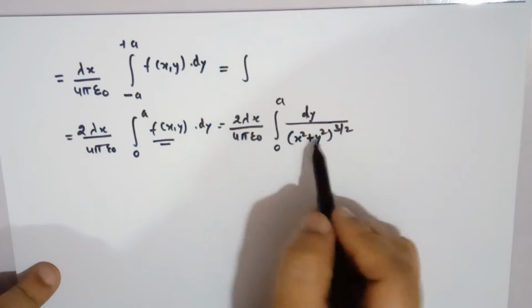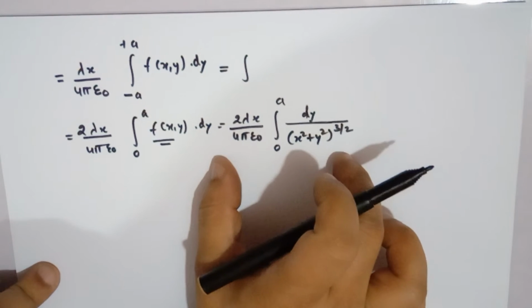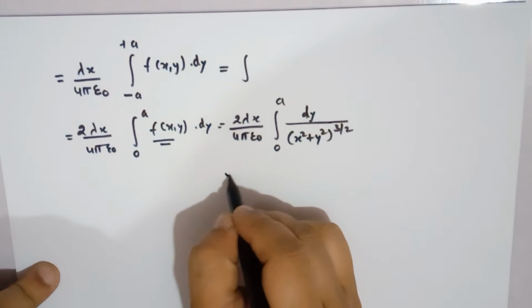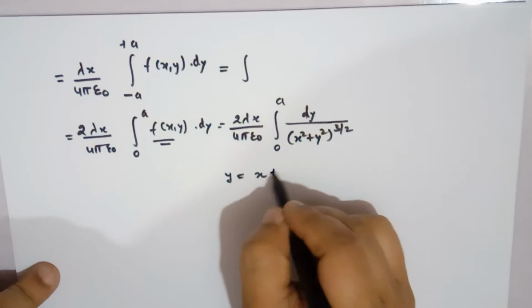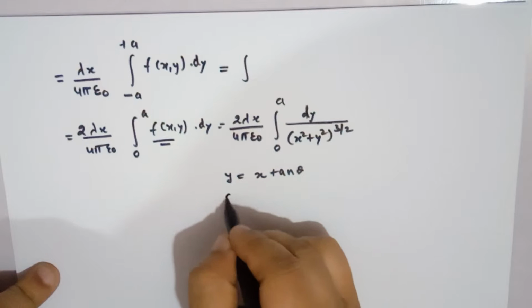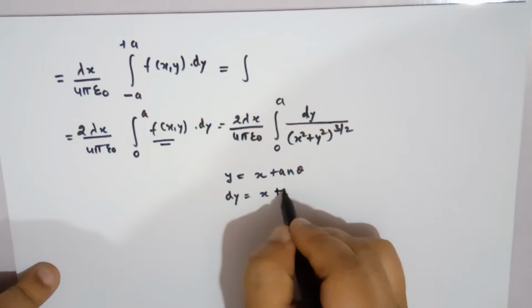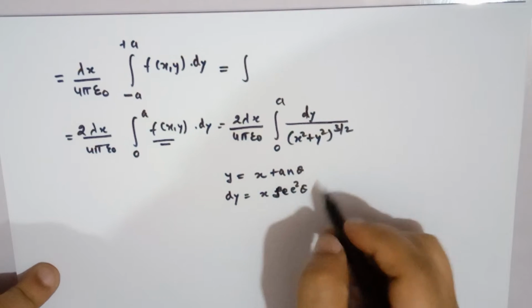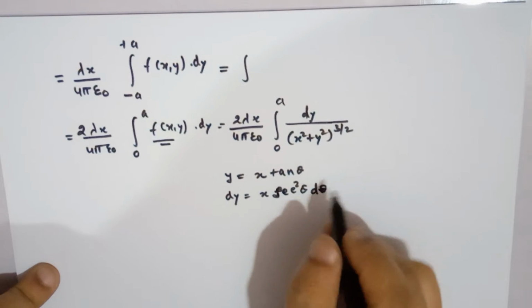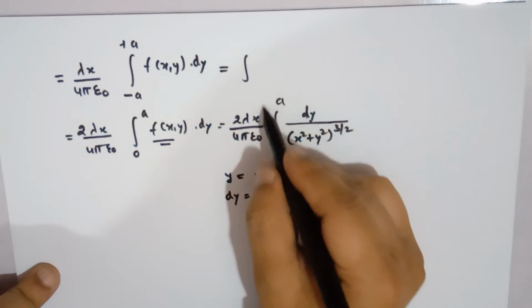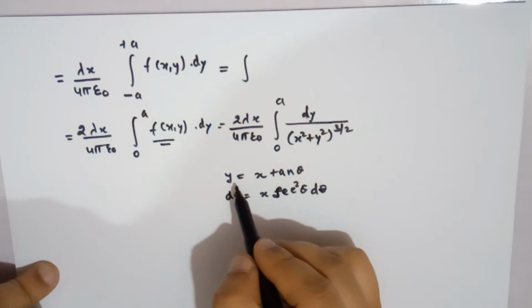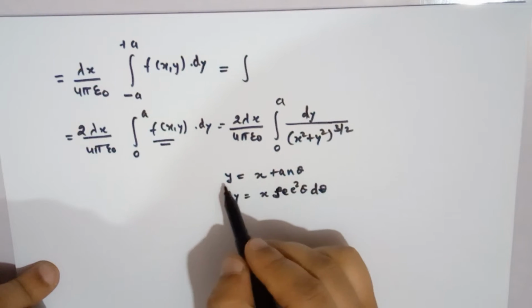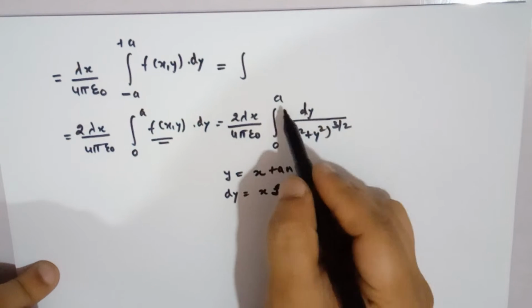So this particular thing can be written, I already said that y can be written in the form of x, which is x tan theta. So dy can be written as x into sec square theta d theta. So you can put this value here, and this particular limit would also change. When you put this equal to this and put a particular value of y, that limit would also change.